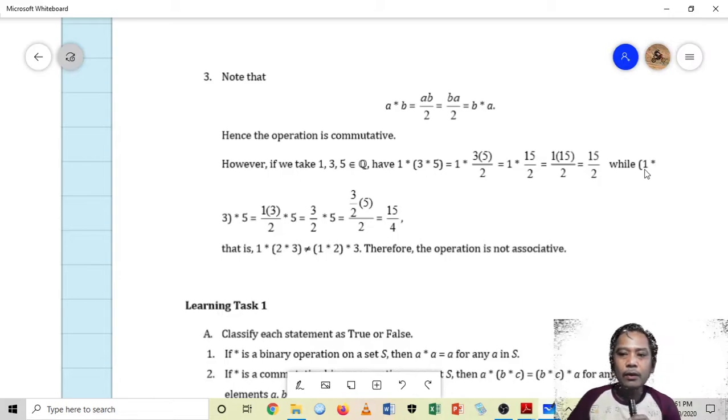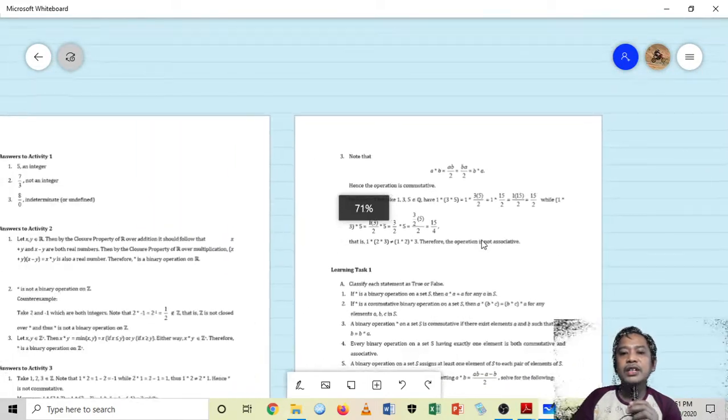While the quantity 1 operation 3 operation 5 will be 1 times 3 over 2 operation 5, which is equal to 3 over 2 operation 5, or 3 halves times 5 over 2, which is equal to 15 halves over 2, or 15 over 4. Hence, we see that 1 operation the quantity 2 operation 3 is not equal to the quantity 1 operation 2 operation 3. Hence, the operation defined in number 3 is also not associative.